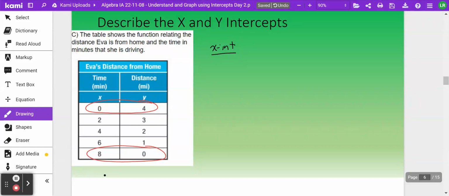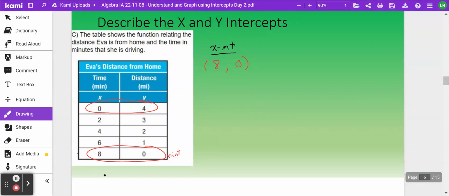We want to make sure that we are correctly identifying the x and y intercepts. So remember, for an x-intercept, the y has to be 0. So I'm looking for a 0 in the y spot, and that would be this one.